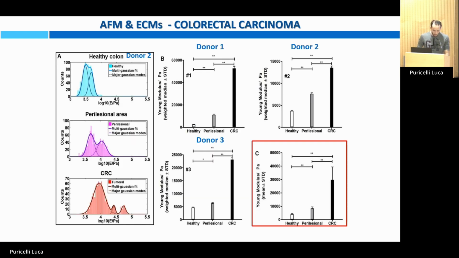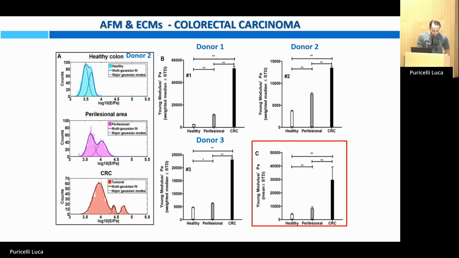We measured the mechanical properties of the samples through AFM. On the left side, you see only the statistics of a single donor, whereas on the right side, you see the statistics of 3 donors and the overall statistics of the donors put all together.